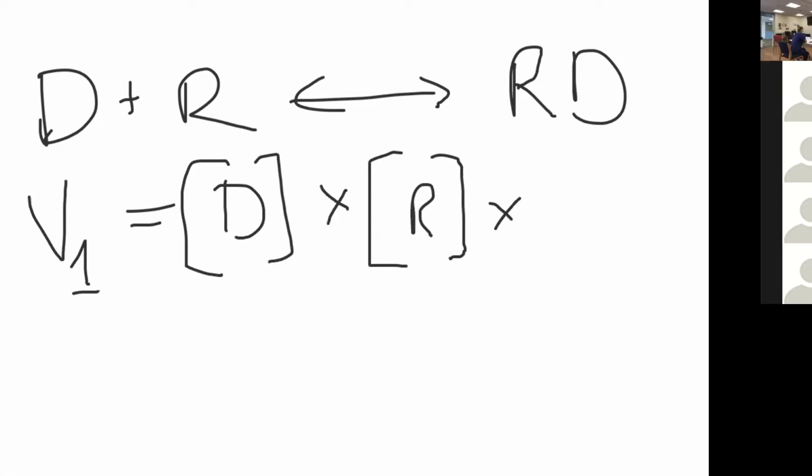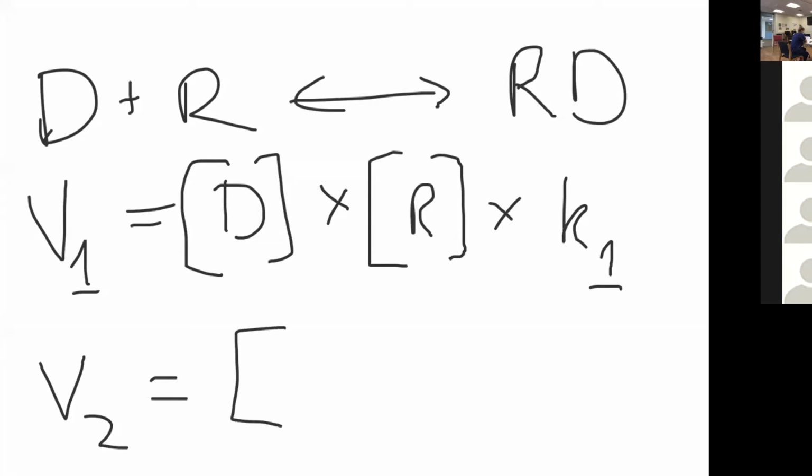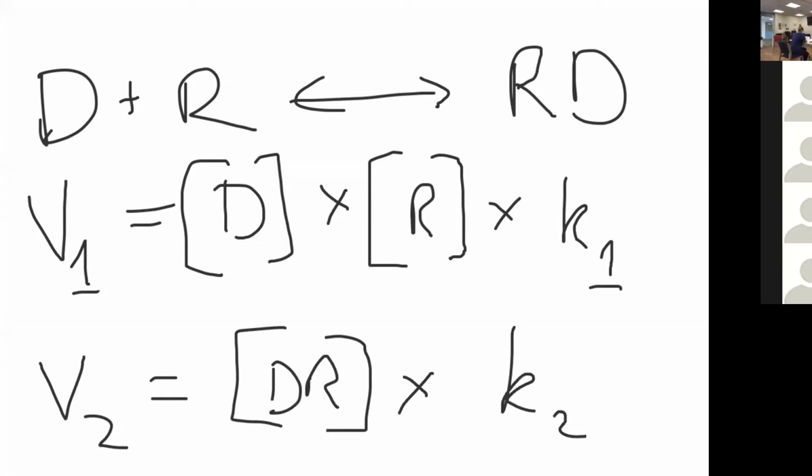K1 is what that's termed, and that's the affinity essentially, so how avidly the drug and the receptor bind, how well matched they are. And then conversely, the backwards reaction, the dissociation reaction, is determined by the concentration of the drug-receptor complexes and the dissociation constant. Okay, good.